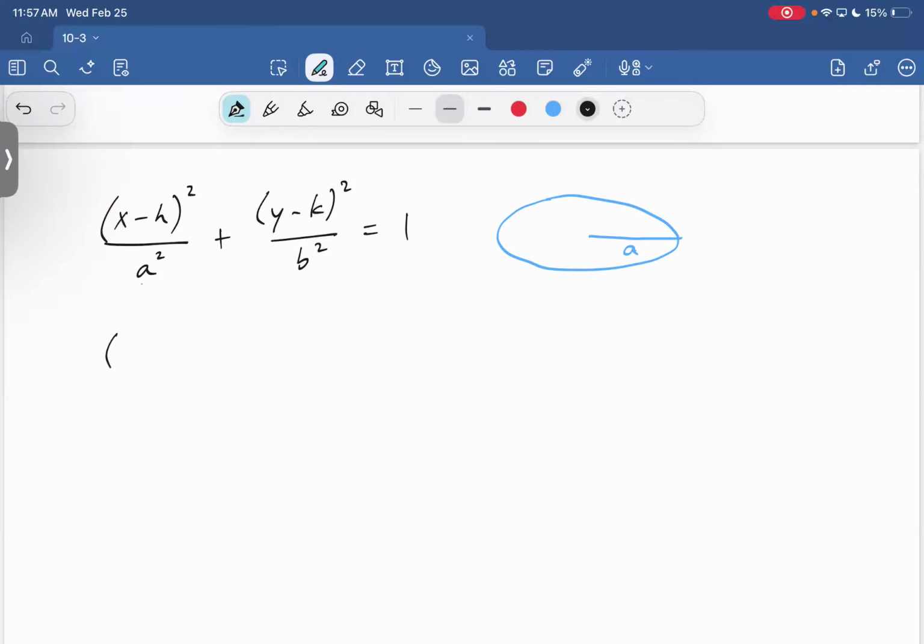On the other hand, if we have a vertical ellipse, then x is actually going to have the semi-minor axis, and then y minus k is going to have the semi-major axis. So in this case, the semi-major axis will be vertical.